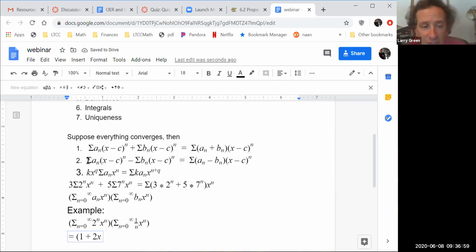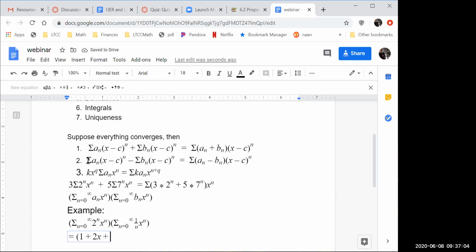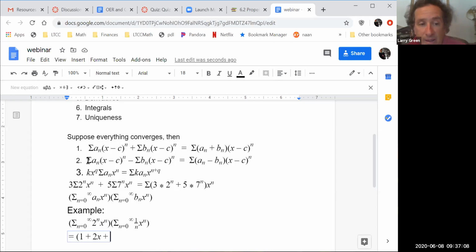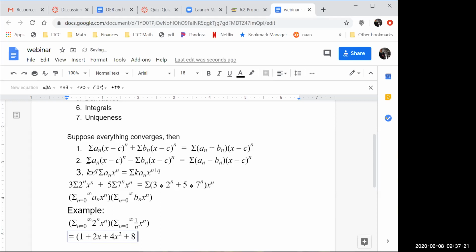And then if n is 2, what do you get? 4x. Close, 4x squared though, right? Yes. So 4x squared. And then if n is 3, you get 8x cubed.